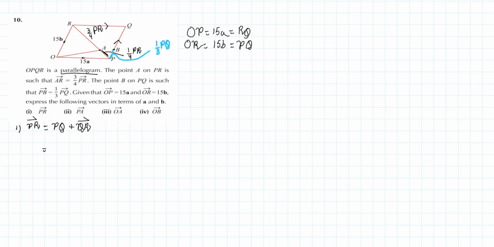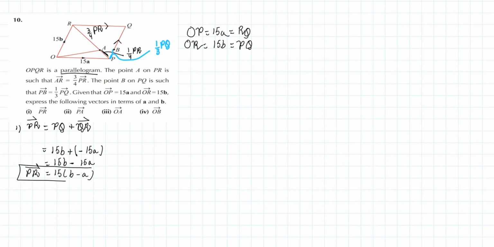You have to write 15 here, B. And again QR: you are moving towards R, but the length of RQ is 15A, so you have to move from Q to R, meaning you are changing the direction, so you have to write a negative sign with QR, and the value of QR is minus 15A. Just write 15B minus 15A. This gets solved here. Now if you want, you can take 15 common and write B minus A, it's up to you. So PR is equal to this, in terms of B minus A.